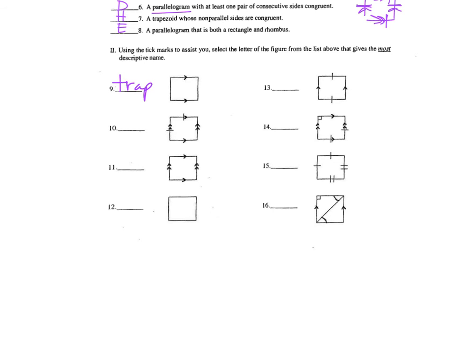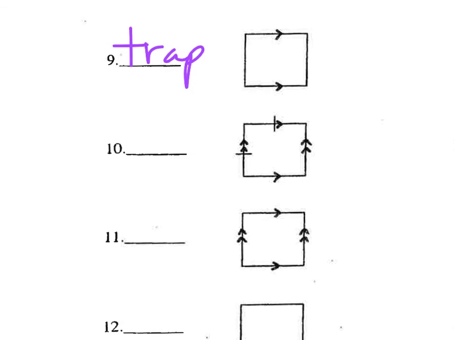How about that next one, number 10? This would be rhombus. This is the one we just did earlier, right? It's a parallelogram. Opposite sides in a parallelogram are congruent, so those would all be congruent, so that would be rhombus.